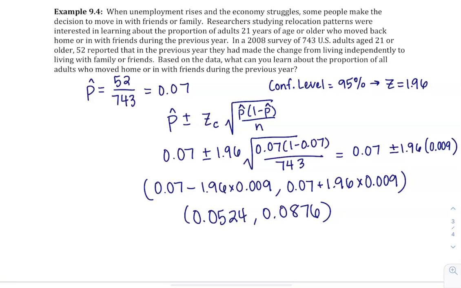We would write that in a sentence where we would say we are whatever percent confident, which in this case is 95.